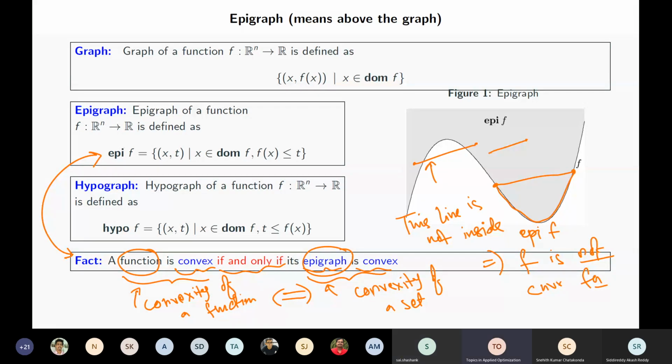If the line joining these is above the function values, or the graph of the function, then this also means the line must be in the epigraph by the definition of the epigraph, because these points are exactly the points (x, t) for which t is greater than the f(x) values here. So that's correct.